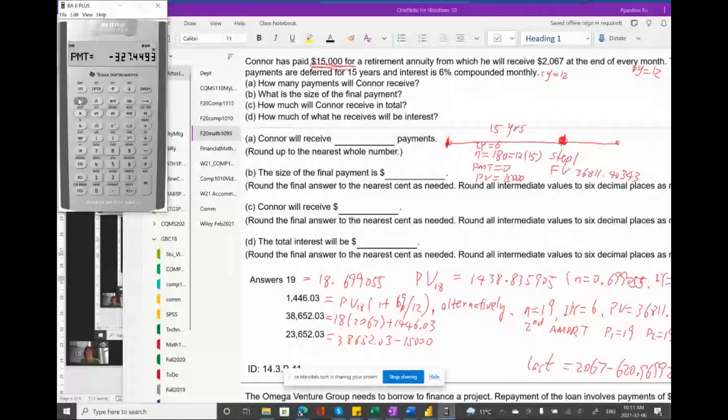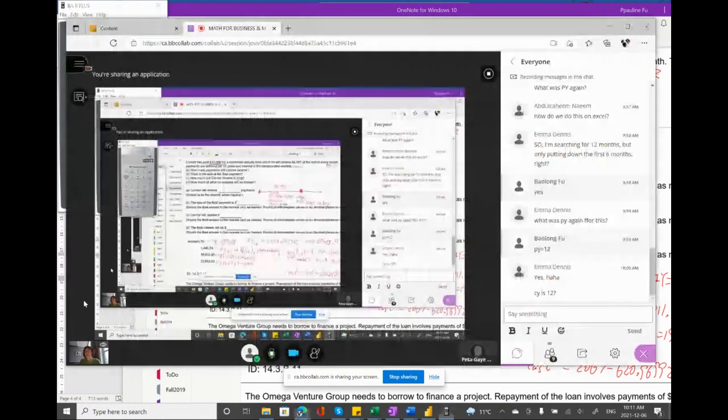Calculator. Second, BGN. Second, P/Y. P/Y is 12. Enter. Down arrow key. C/Y is 12. Second, quit. I typed wrong. I heard questions.